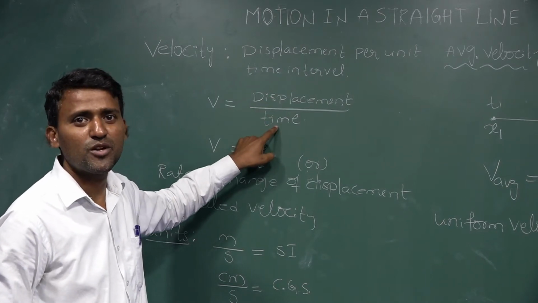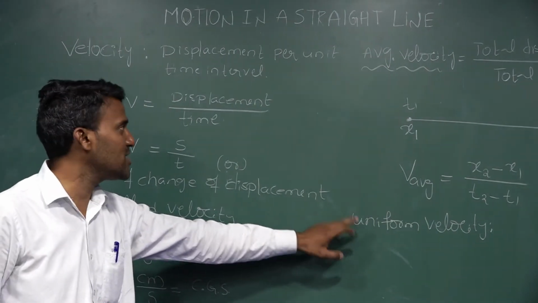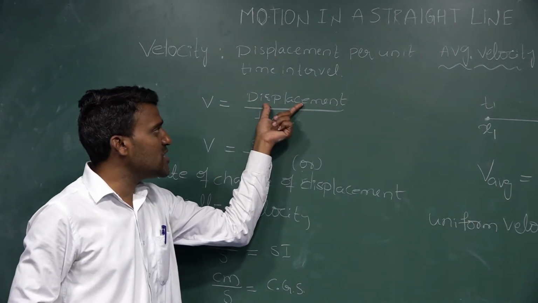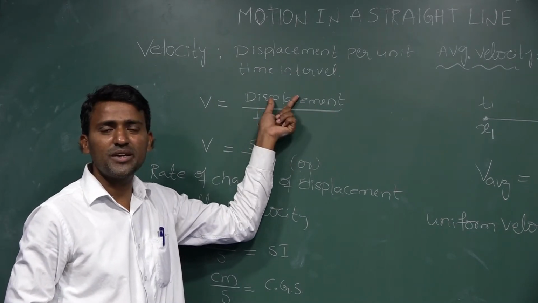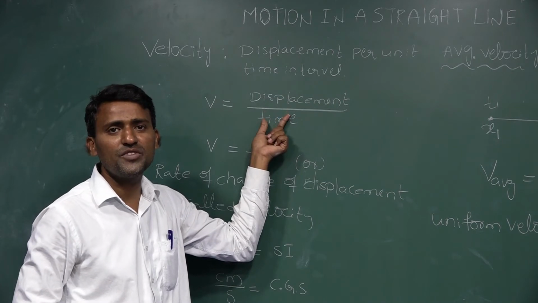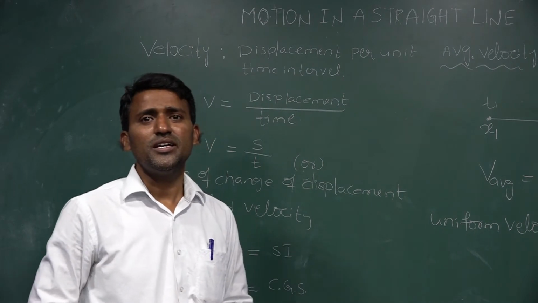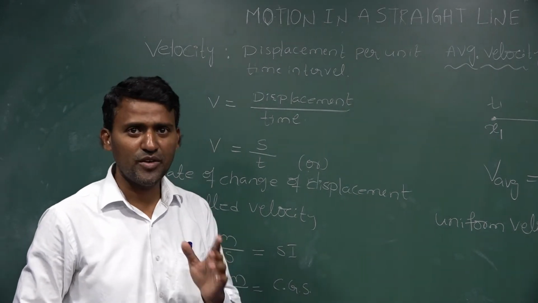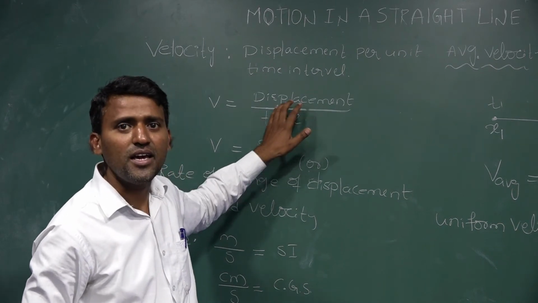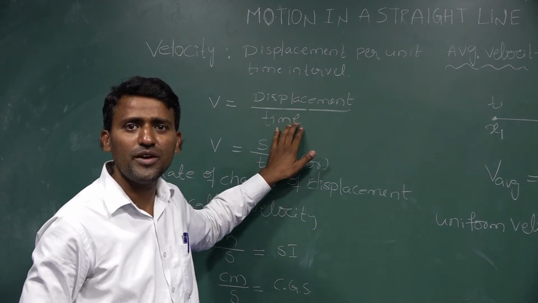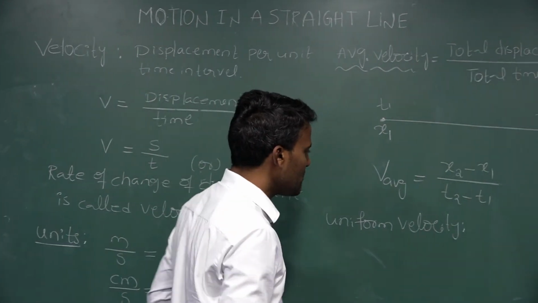Uniform velocity means equal displacement covered in an equal interval of time, however short the interval of time may be. Once again, equal displacement covered in an equal interval of time, however short the interval, is called uniform velocity.